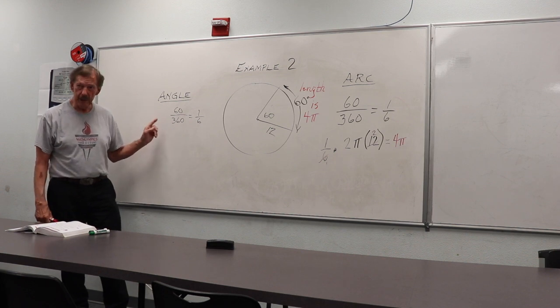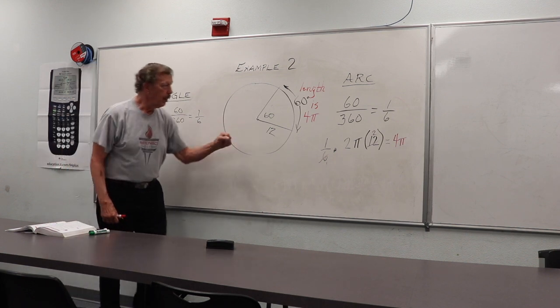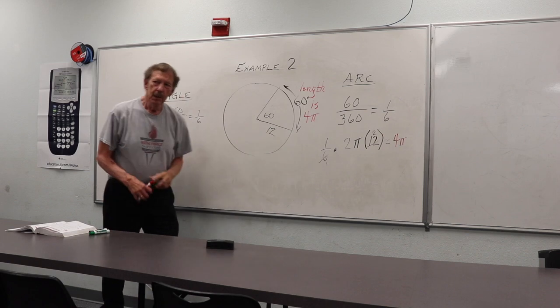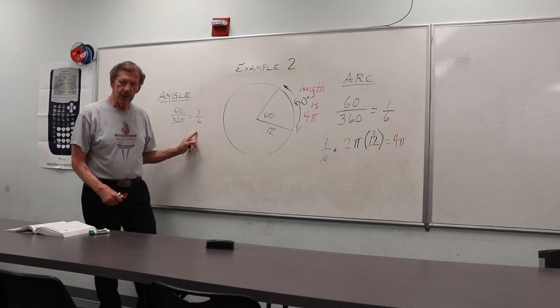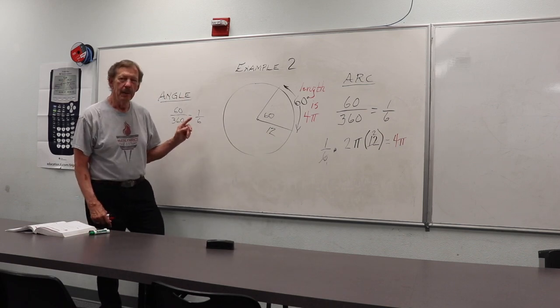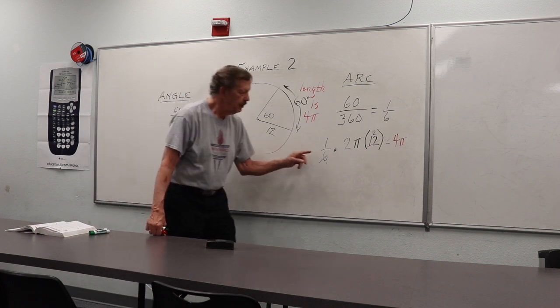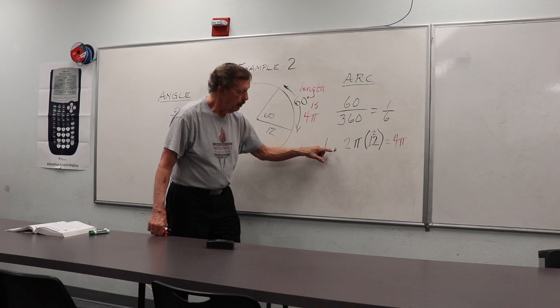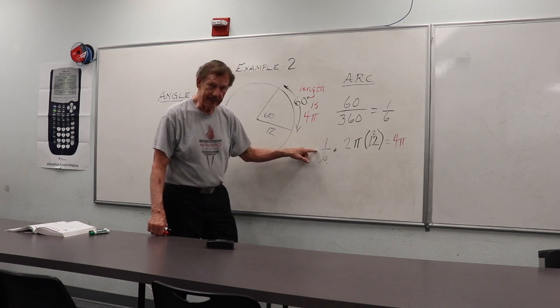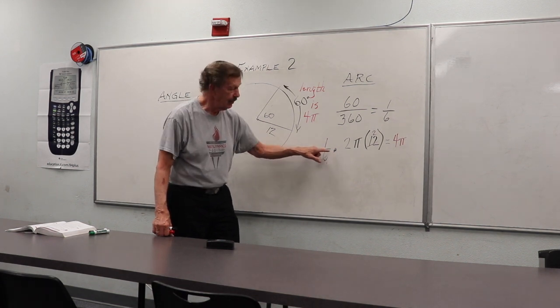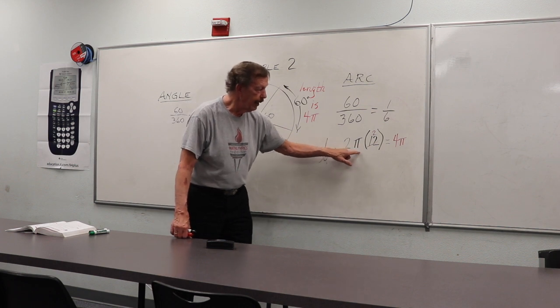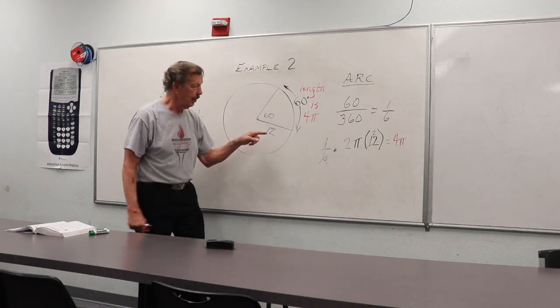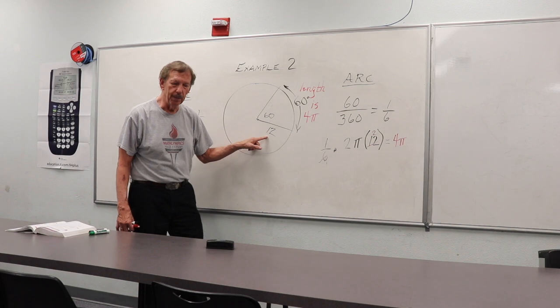So whether we use angles or whether we use arcs, we're still getting a simple fraction. And that fraction is a multiplier. In this case, 1/6 of 2 pi times the radius, and in this drawing, the radius is 12.